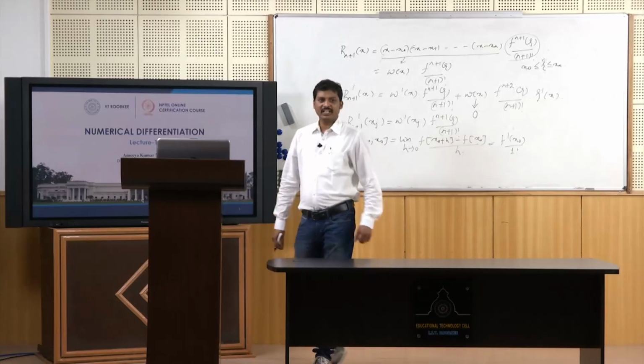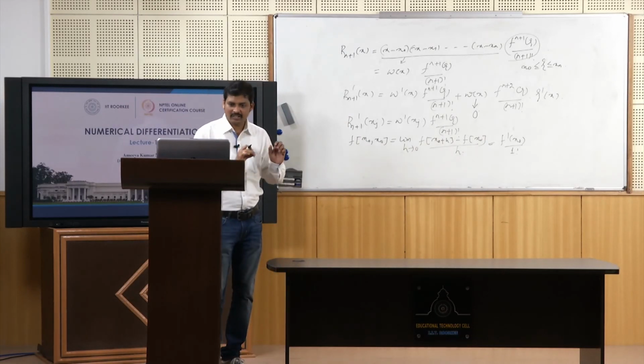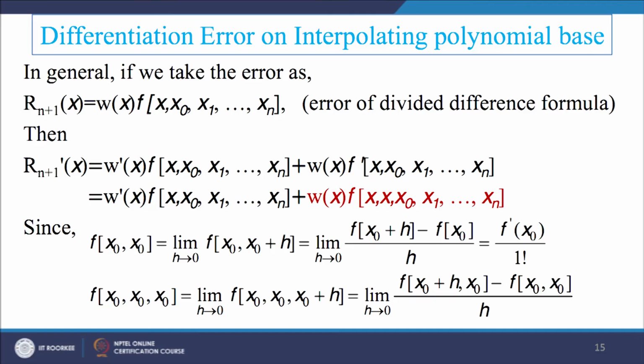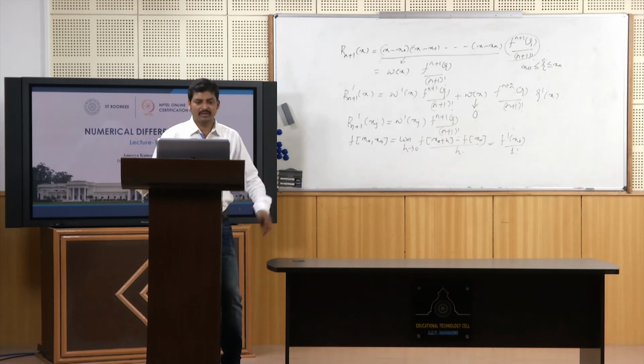Similarly, we can write f of x0 x0 x0, with 3 arguments placed, as limit h tends to 0 f of x0 plus h x0 minus f of x0 by h there. If you write in that form, then we can apply L'Hospital's rule twice, and we obtain the second differentiation of f at the point x0 there.